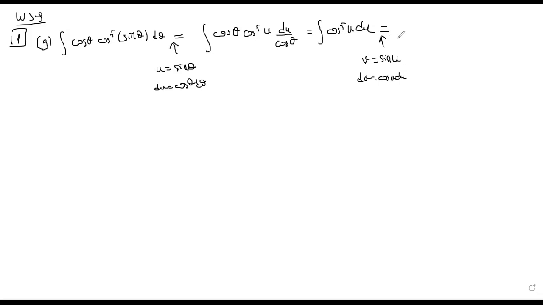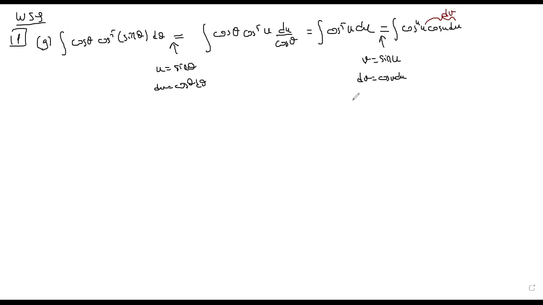then dv is equal to cosine u du, right? And then what do we get? So we have cosine to the 4 u, right? Here in the integral, we need to have some term with this cosine u du. So we need to separate that cosine from here. We get this. And this part is equal to dv, right?